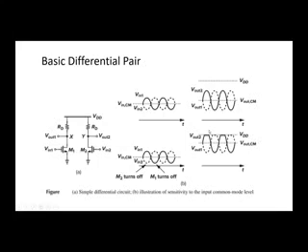Thus, it is important that the bias current of the device has minimal dependence on the input CM level. This is the basic differential pair amplifier.